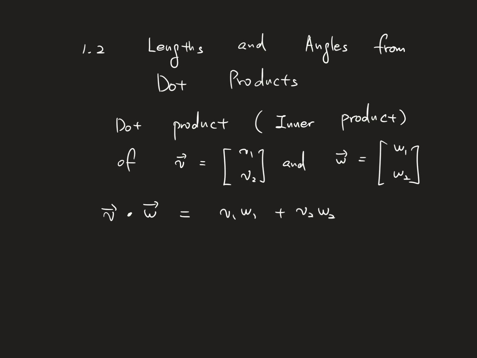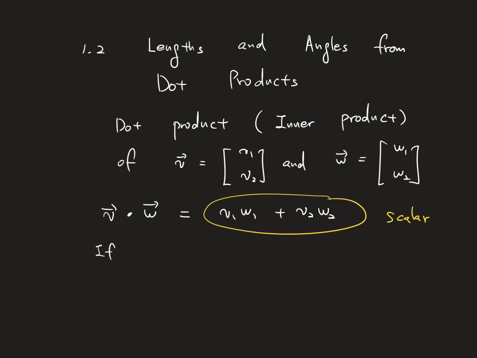As I said before, the output of a dot product is a scalar. This is a scalar. We generalize to n-dimensional vectors.